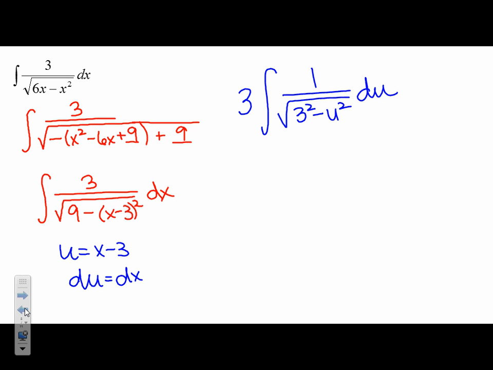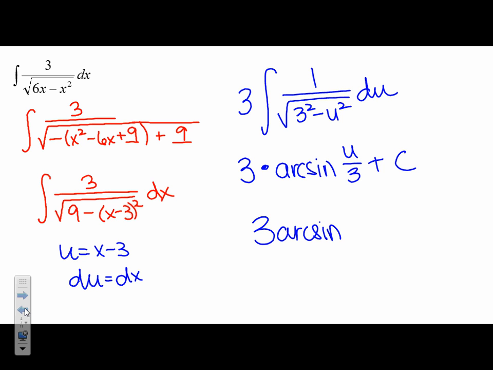Now that is exactly the fit to the rule, right? We have this 3 times, what is our rule? Arc sine of u over 3. So we have 3 arc sine of x minus 3 over 3 plus c.